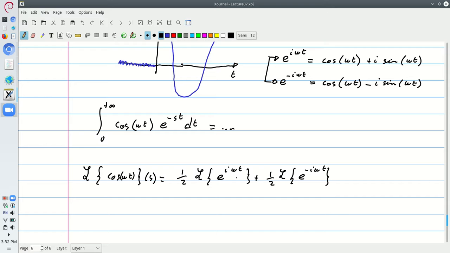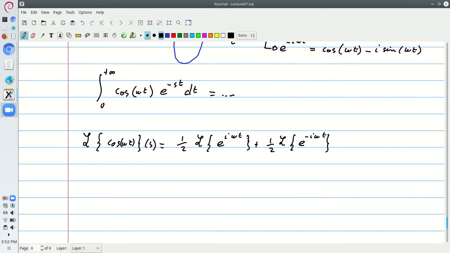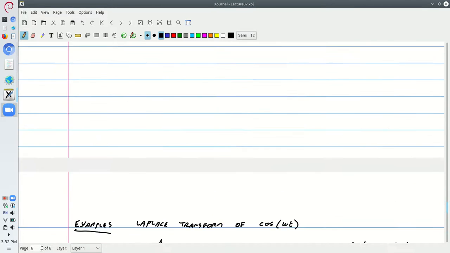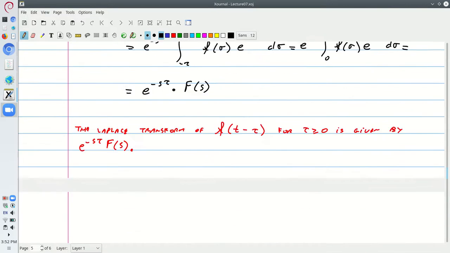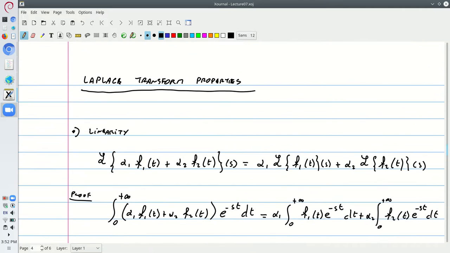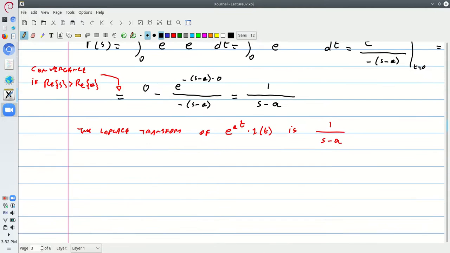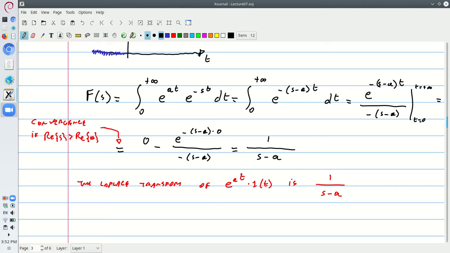And we have already computed the Laplace transform of the exponential, if you remember, in our previous examples. Sorry if I'm scrolling so fast and I'm giving you zoom sickness, but the Laplace transform of the exponential of at is 1 divided by s minus a.